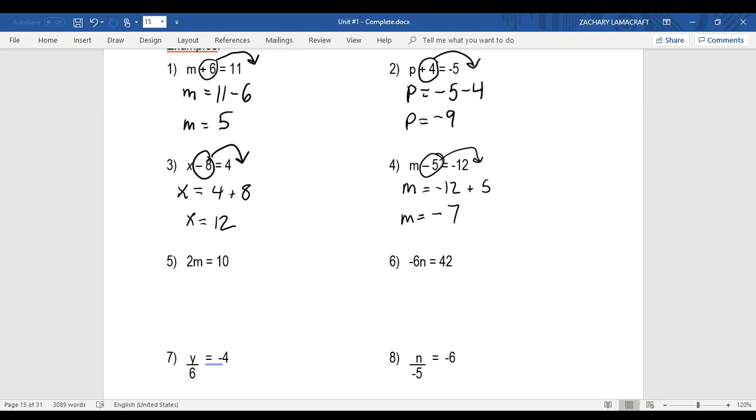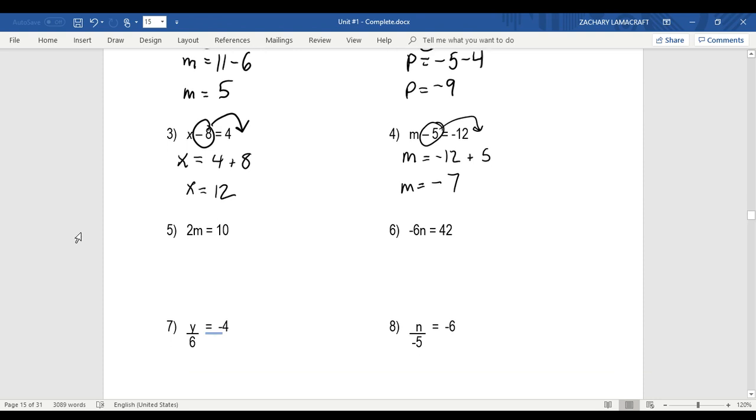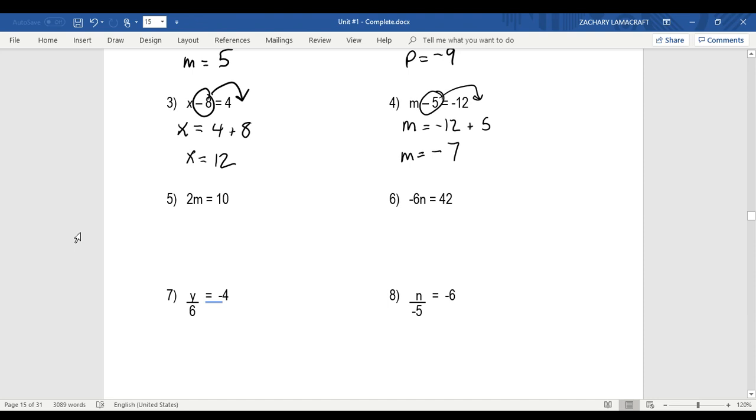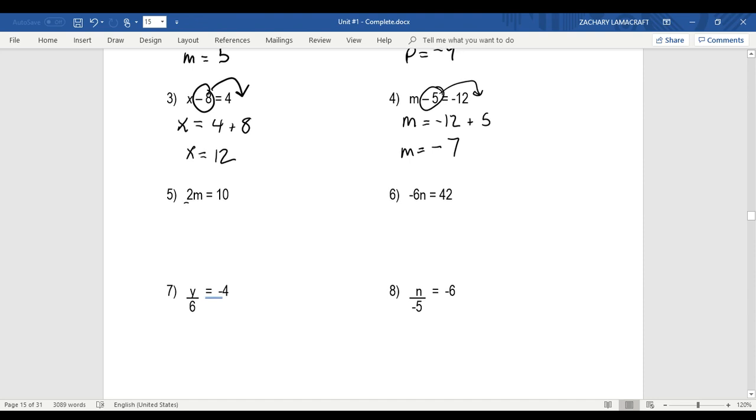Now, if I have a number beside a letter like I do right there, what does that mean? Yeah, it's multiplication, okay? So 2m means I'm multiplying m by 2. It's just like if I had a bracket like that. When we have two brackets beside each other, that means multiplication as well, right?